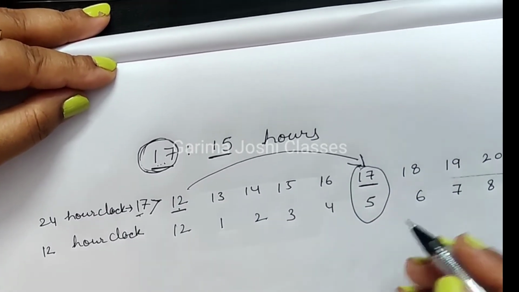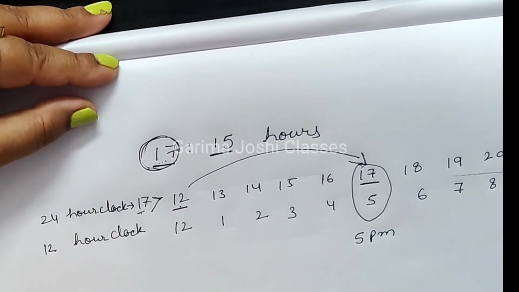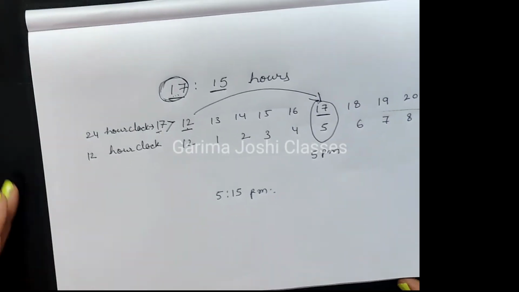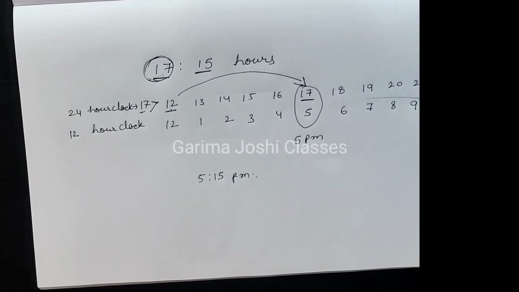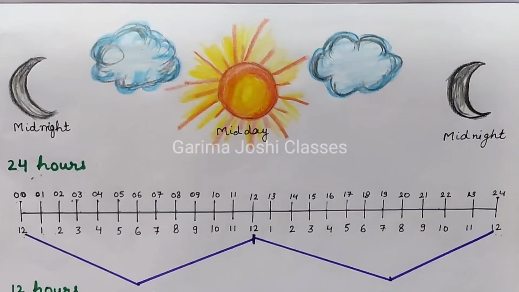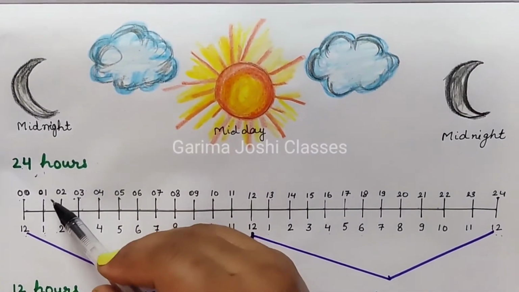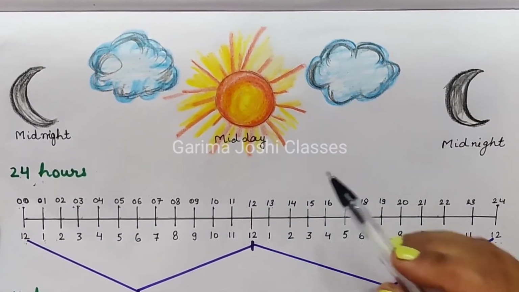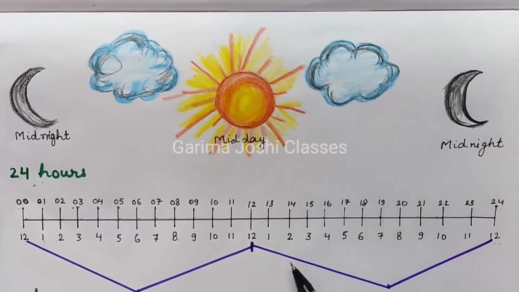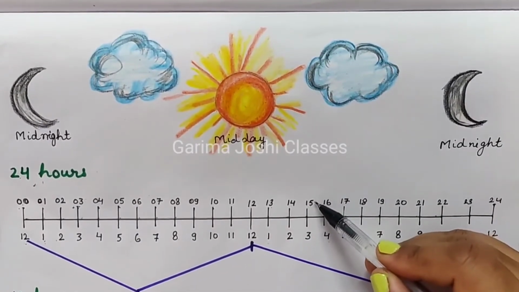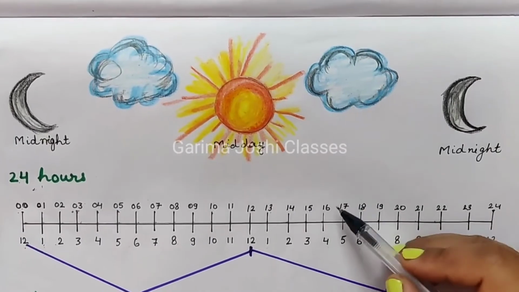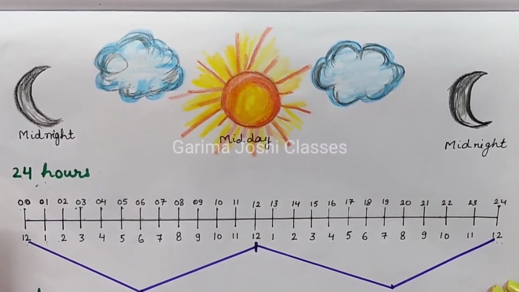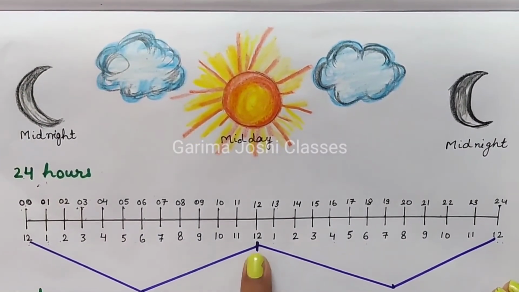So this is 5 p.m. The time is 5:15 p.m. So children, when it is 13 hours in 24-hour clock, it is 1 p.m. When it is 14 hours, it is 2 p.m. When it is 15, it is 3 p.m. When it is 16 hours, it is 4, and so on till 00 midnight, till 12 midday.